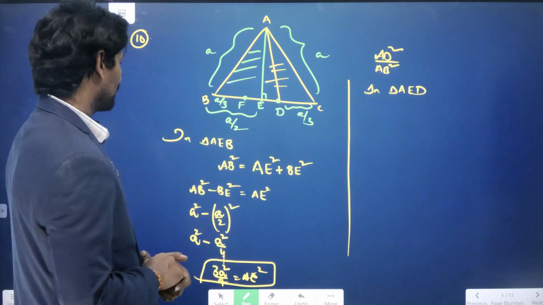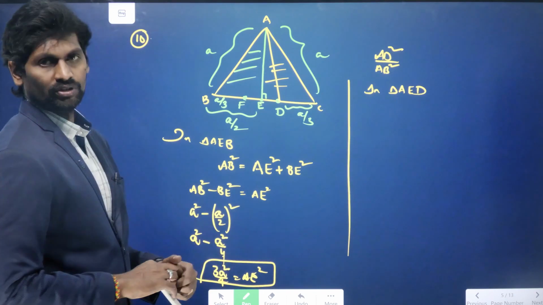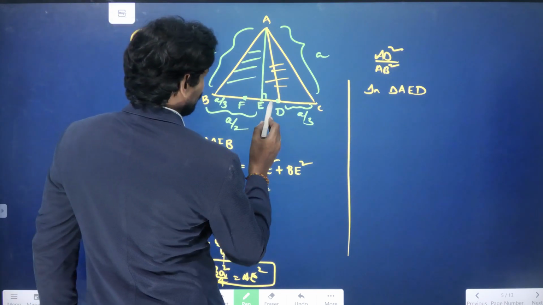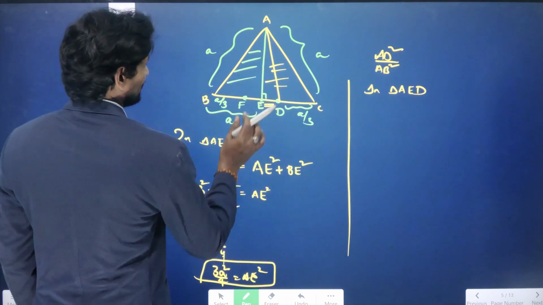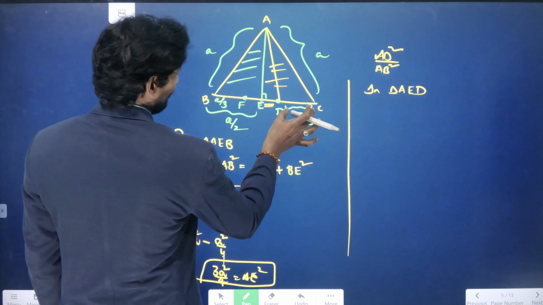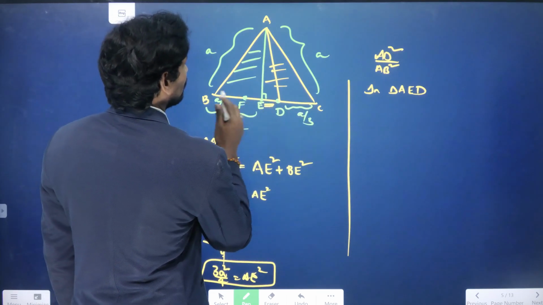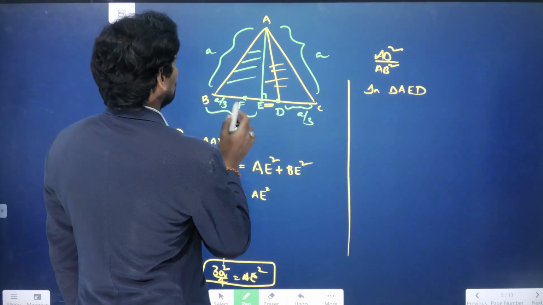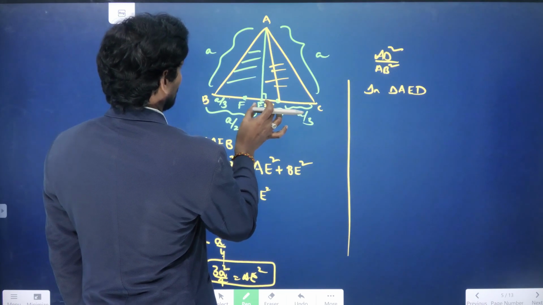We already got AE square value, 3a square by 4. Now what about the ED value? Let me take this as a by 3, and from here to here a by 2.